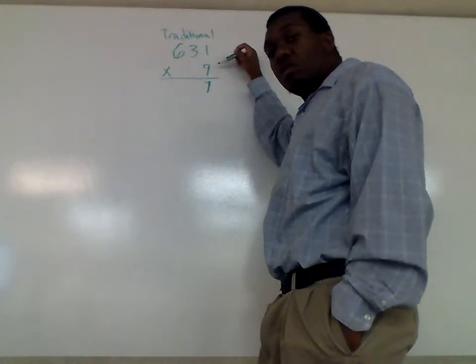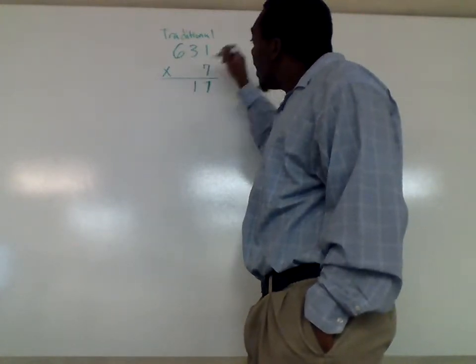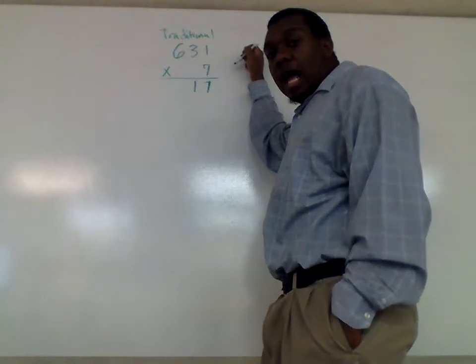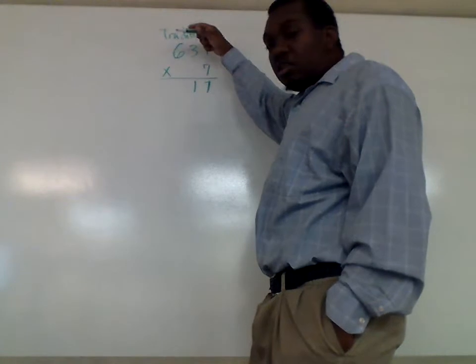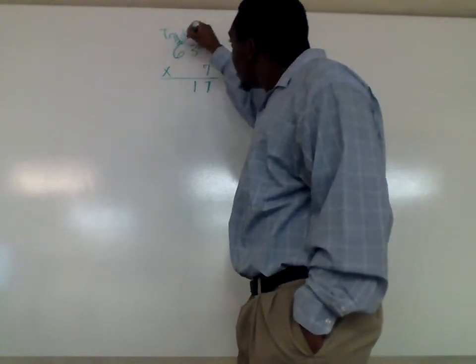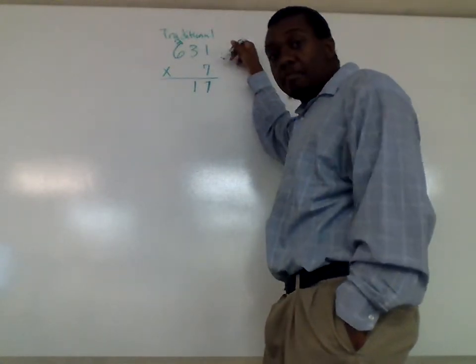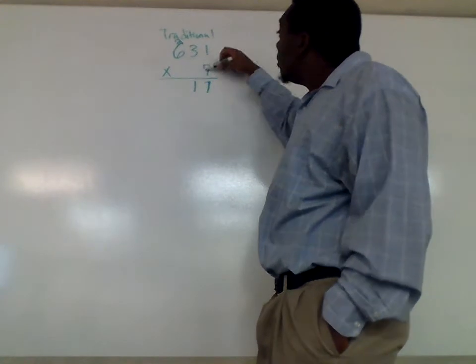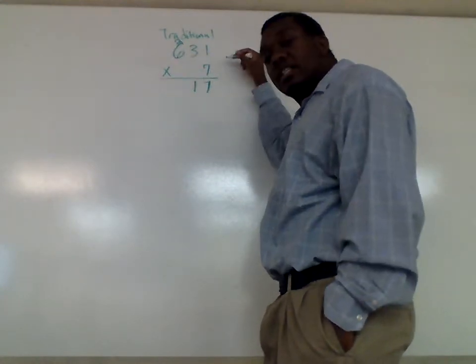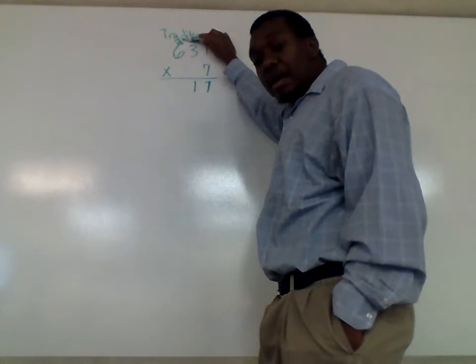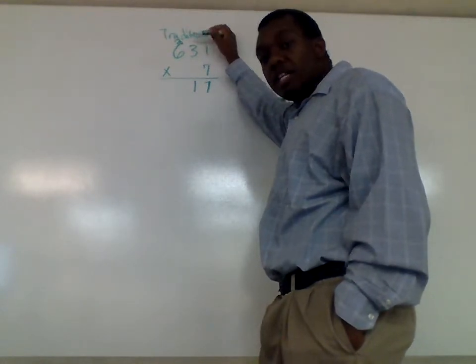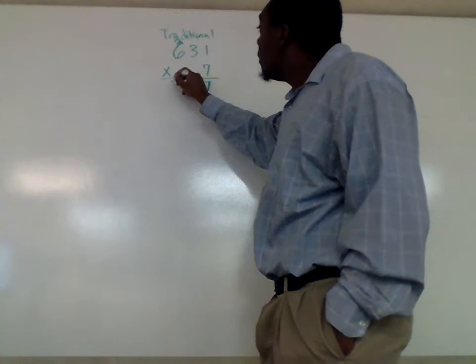What you would do is put the 1 down in that 10 slot, and since it's 21, that 2 is going to have to go to the next level. So I'm just going to put it up here to add on to whatever I multiply. Okay, so 7 times 6 is 42. And then we would add that extra 2 that we got from the previous place value, and we would end up with 44.